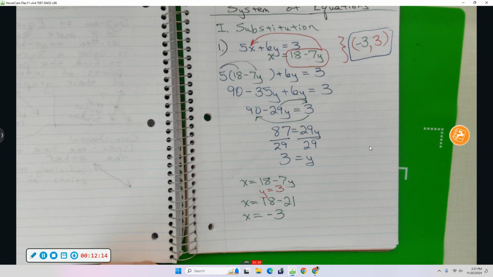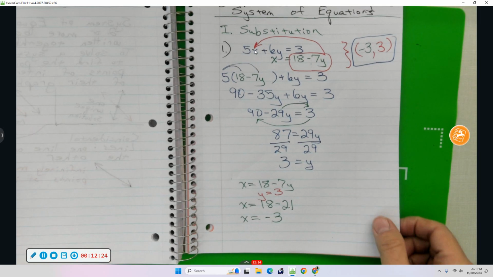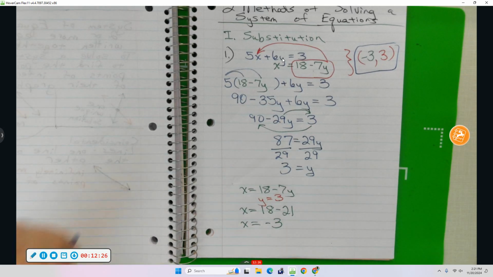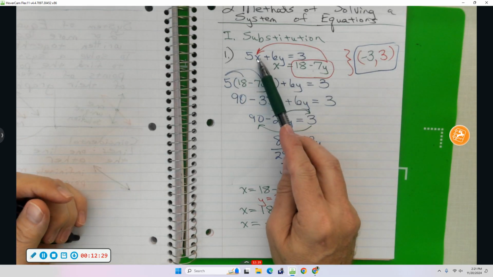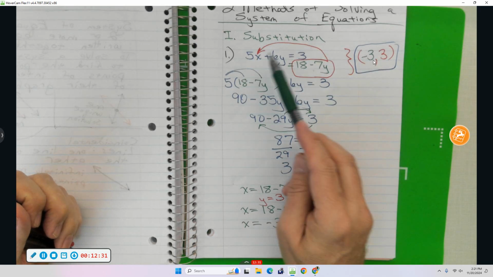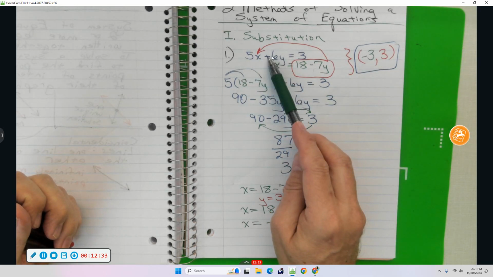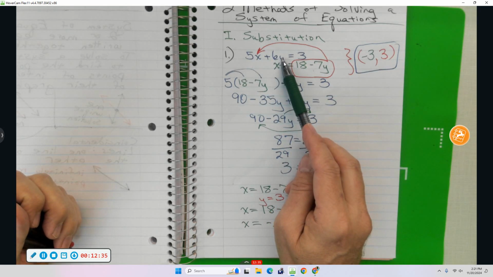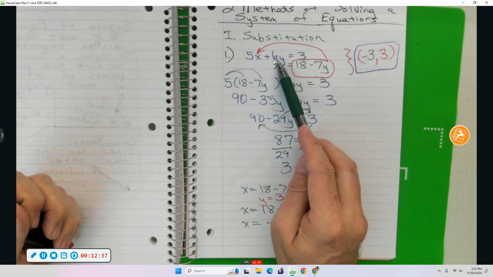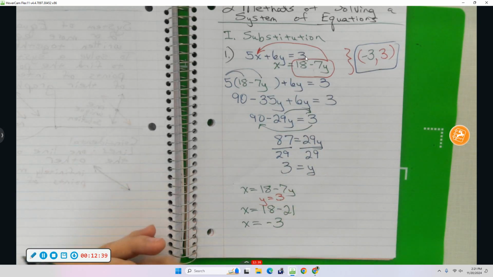Solving a system of equations means you're trying to find the point or points where the graphs intersect. And you can check your answer by plugging it into both equations. 3 times, plug in the x value, that's a negative 15 plus 6 times 3 is 18. Negative 15 plus 18, sure enough, it gives us a positive 3.